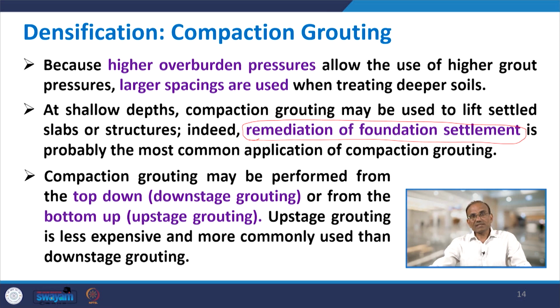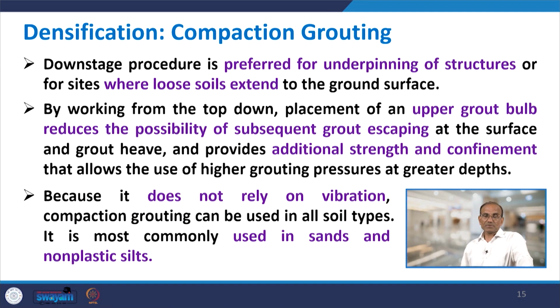Up stage grouting is less expensive, where you fill first the bottom and then come towards the top, and it is more commonly used than down stage grouting. However, the down stage process is preferred for underpinning of structures, basically a kind of retrofitting of structures, or for sites where loose soils extend to the ground surface.